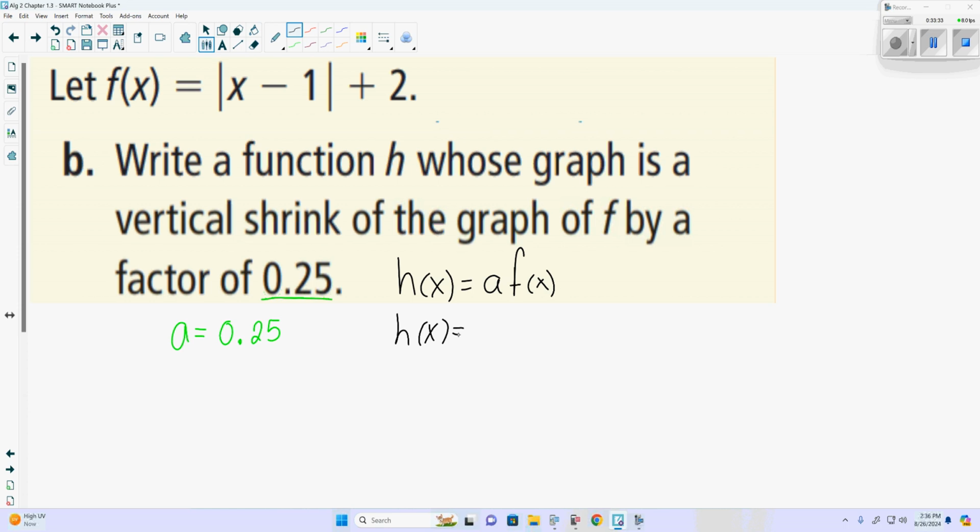So that's our value of A. And the first thing we can do is plug that value in for A, telling us that our g of x is equal to 0.25 times f of x. Now we can plug in our f of x. So we replace f of x with our parentheses, absolute value of x minus 1 plus 2.